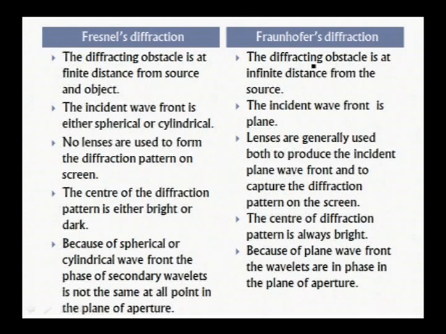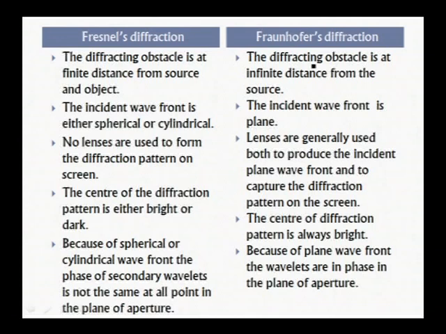Now finally, in case of Fresnel diffraction, when spherical or cylindrical wavefronts are used, how does the diffraction take place? From that, a secondary wavelet is formed, and this secondary wavelet interacts at the aperture. As a result, the diffraction is obtained.